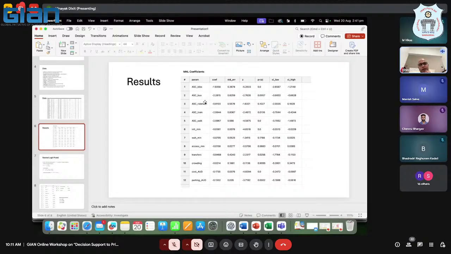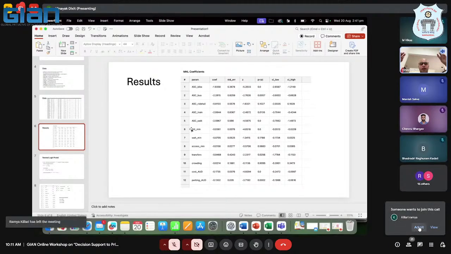So one of the things we identified yesterday was that walking and bike would be active transport, bus and train is public transport, and ride hail and car. Car has an ASC, the alternative specific constant, of 0. So basically you're going to have three options, basically three nests, and within each nest there are options.